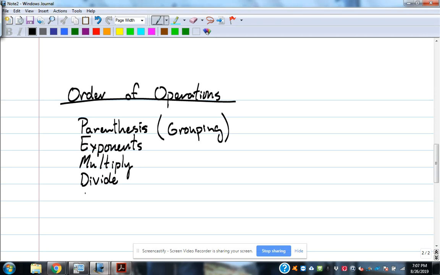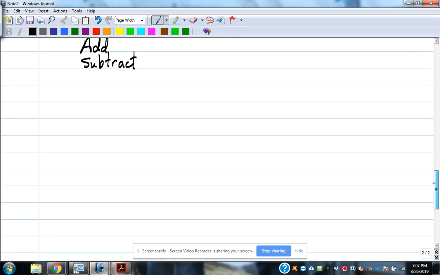And then last, you add and subtract. Same rule. Whichever one comes first, left to right, is the order that you do that. Adding doesn't always go in front of subtraction. It depends on what order they're in, left to right in the problem. So as we're doing problems, we need to follow order of operations, and we will try to do that as we go here.